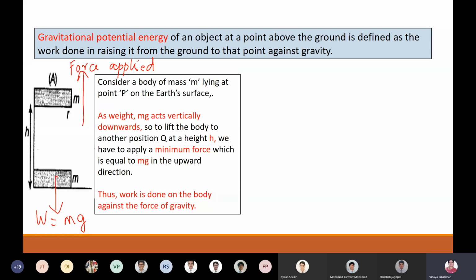So now the body is at a certain height. Whatever work I have done will be stored as energy in the body, and that energy we call gravitational potential energy. That is the reason when I'm leaving this object, it now has stored up energy. It will utilize this energy in doing some work. Are you clear, boys? I think the others sitting at home, you understood what is meant.